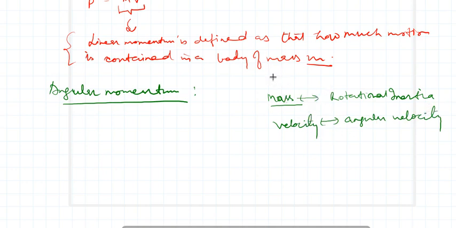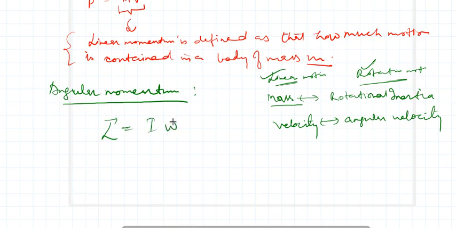So this is for the linear motion, and this is for the rotational motion. These are analogous to each other. As we have defined linear momentum p equal to mv, on a similar basis I can define angular momentum as equal to I omega. This is the expression for angular momentum.